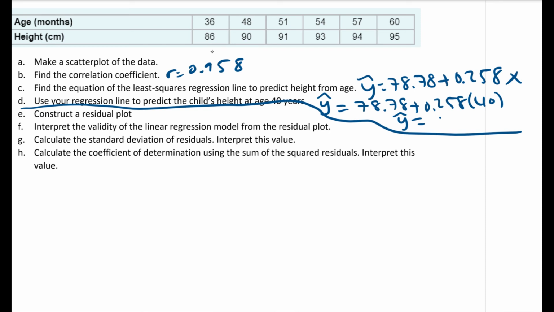You get 89.1 centimeters. All right, so that's how you do the regression for predicting at 40 months. This should not say years, this should say months. Sorry, that's a typo, not 40 years, 40 months.